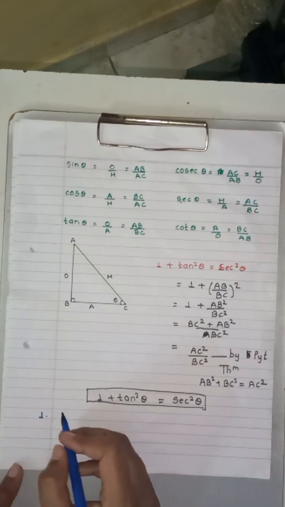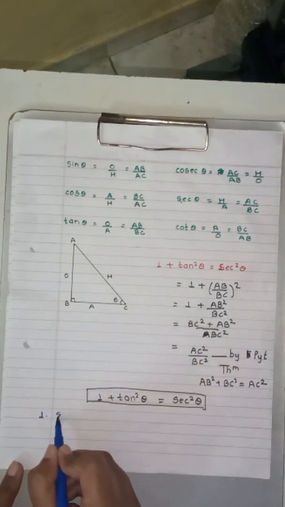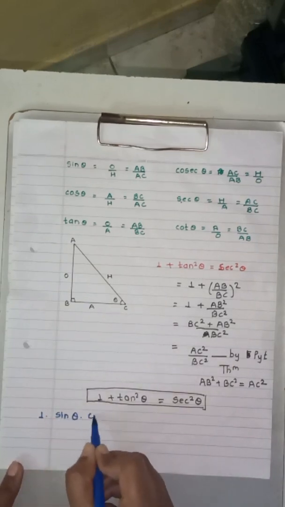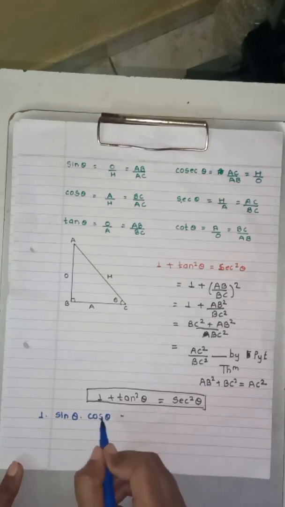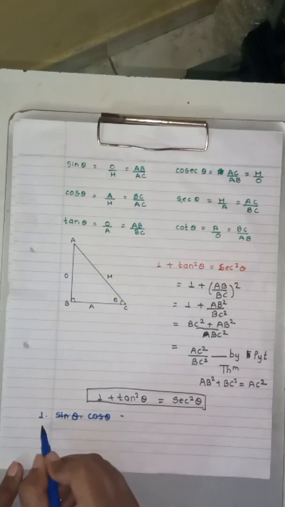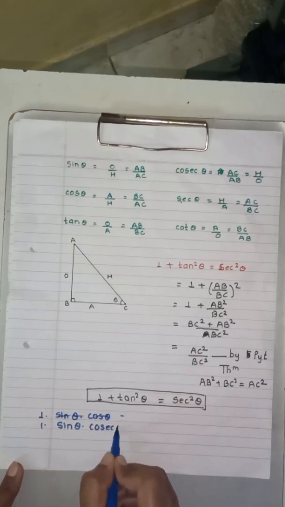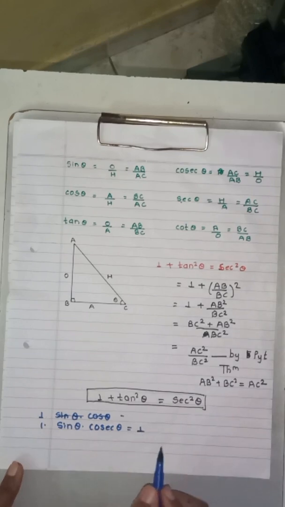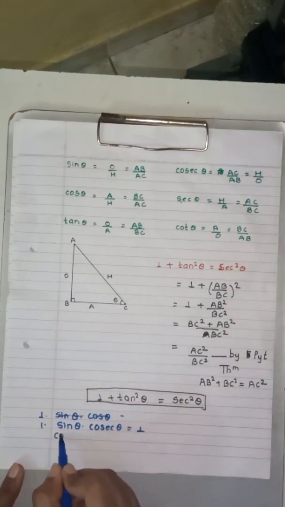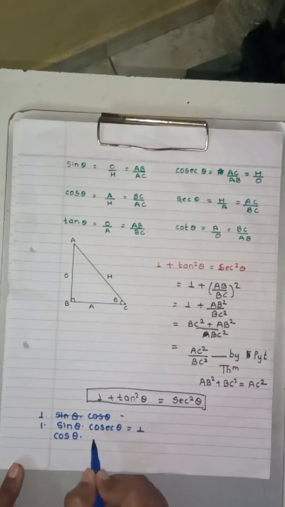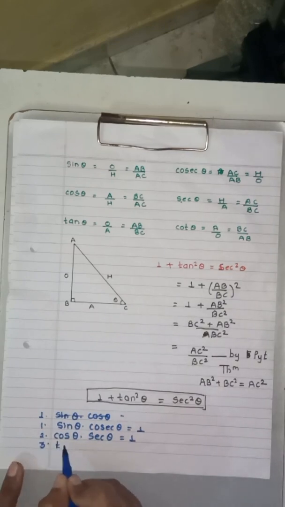First identity, that is sin theta into cosec theta is equal to 1. After that, cos theta into sec theta is equal to 1. And third one is tan theta into cot theta is equal to 1.